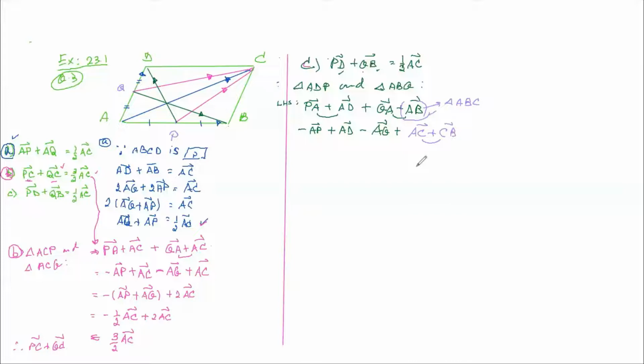Now we have AC, and AD. You observe AP and AQ, same as the first one, question A. We have negative AP plus AQ, so take out the common negative sign, and it becomes negative the quantity AP plus AQ.